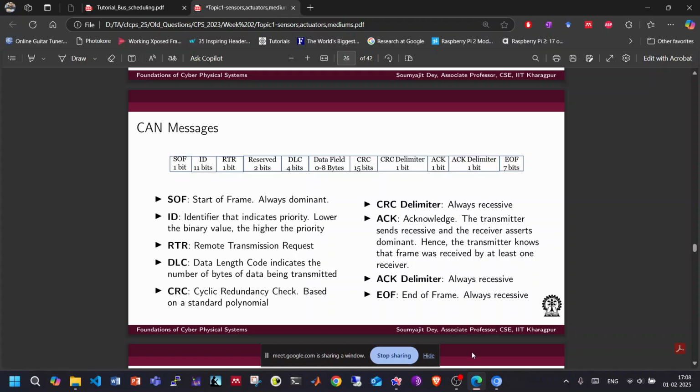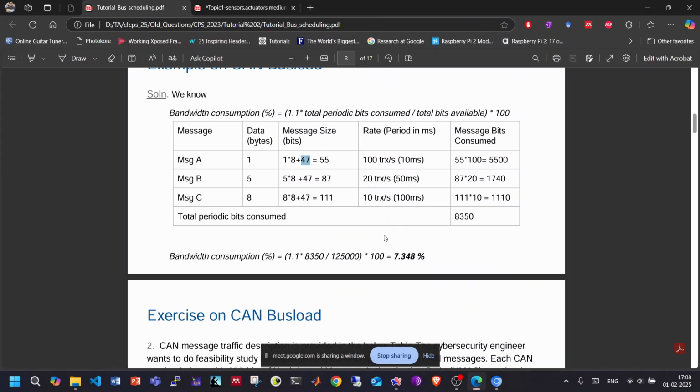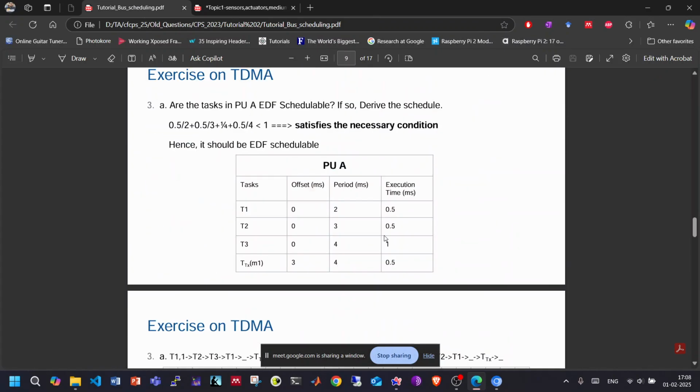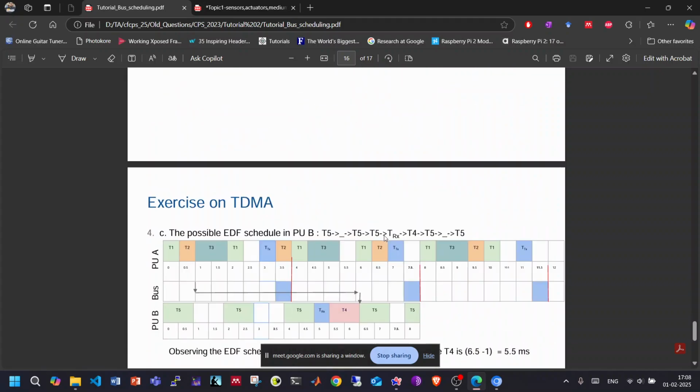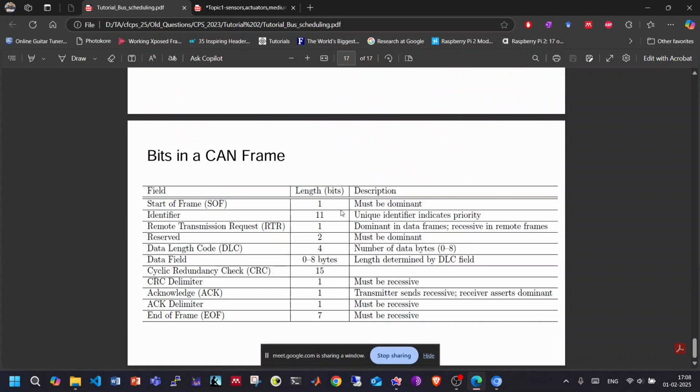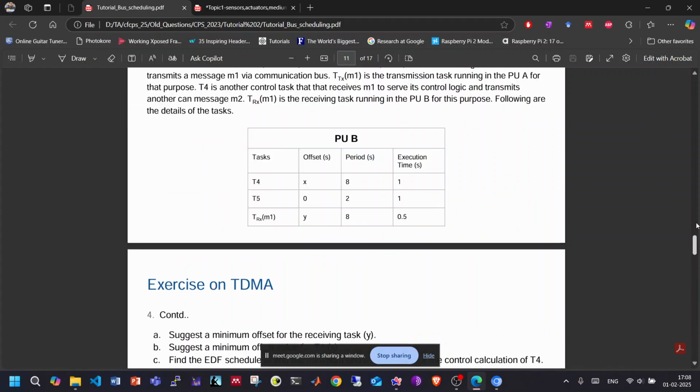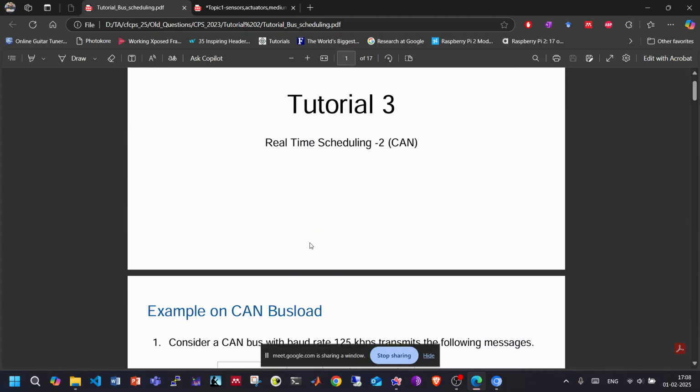Okay. I think I mentioned it somewhere. If you count it, you will see there are 47 bits. So that is why we are adding 47.